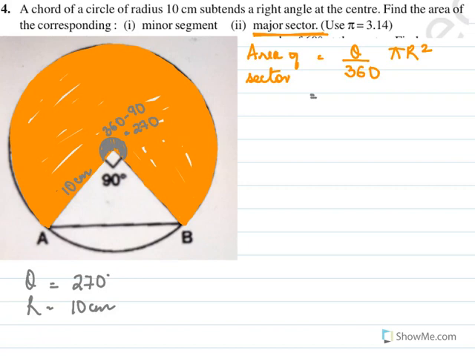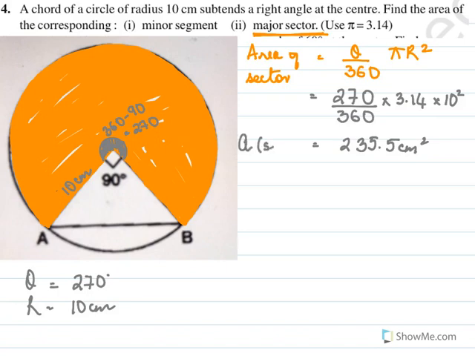So the theta is 270, 360 minus 90 over 360. Pi, they said, has to be taken 3.14. Your r is 10 square. And on working this out, you will get 235.5 centimeter square. And this would be the area of the major sector.